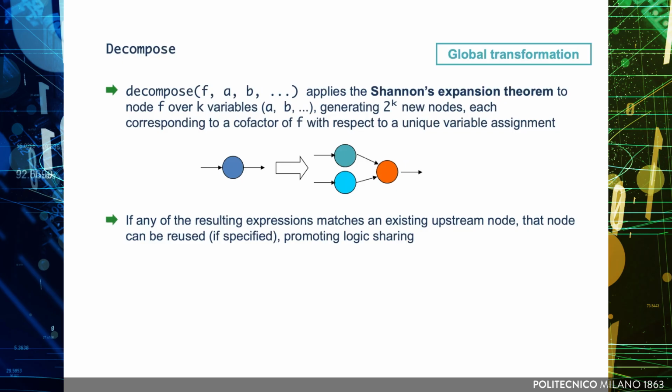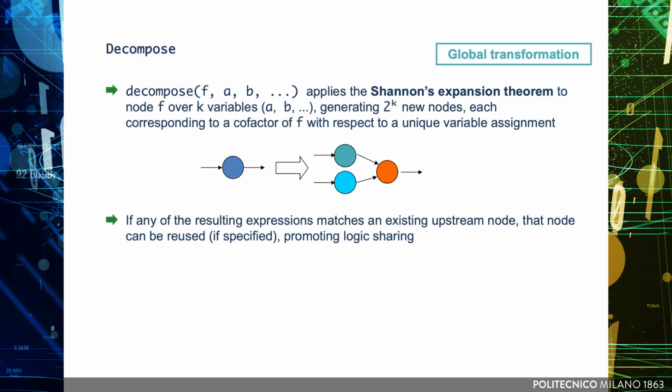The last global transformation we examine is called decompose. It takes a node and, by applying Shannon's expansion theorem on k specified variables, extracts 2 to the power of k new nodes. This transformation typically increases both the number of literals and the latency.